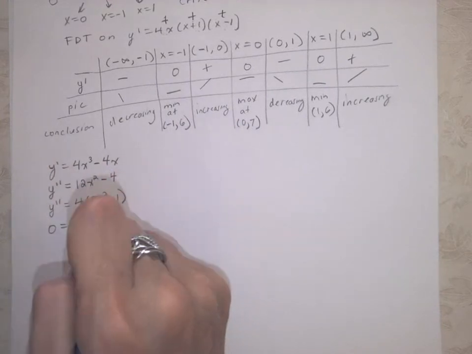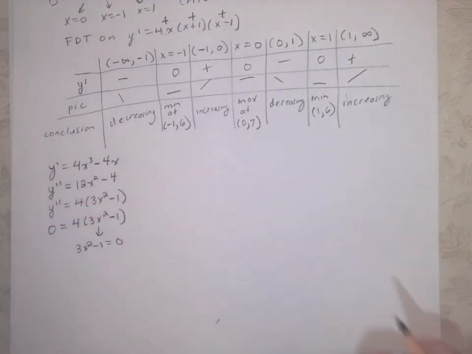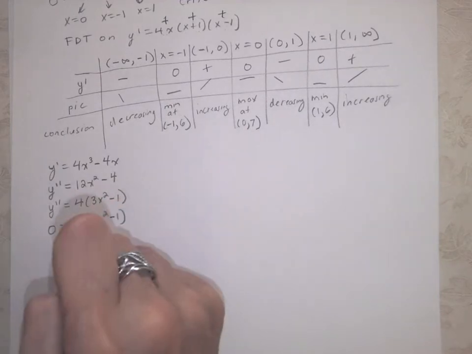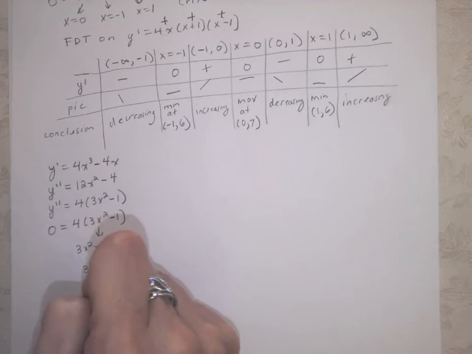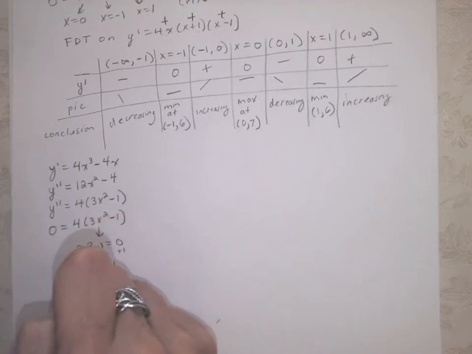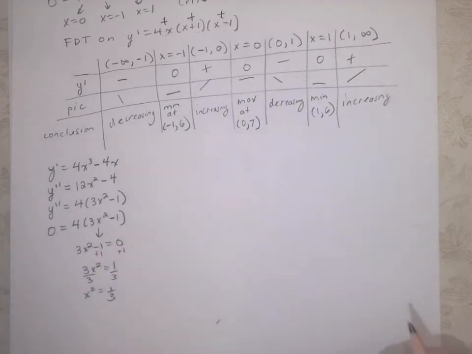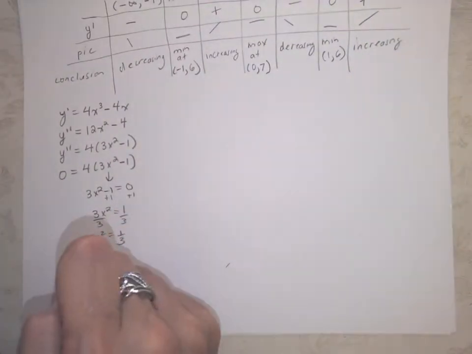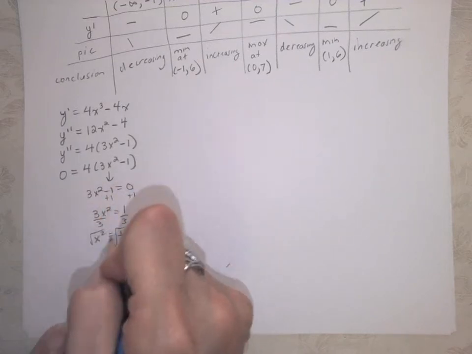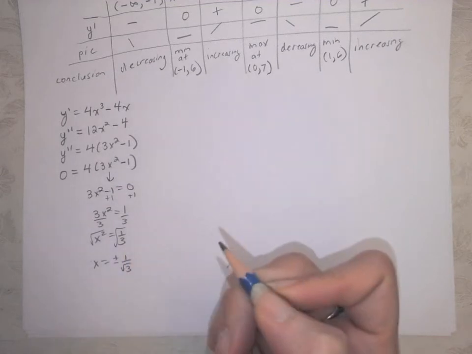So for this to be 0, 3x squared minus 1 would have to be 0, which means 3x squared would have to be 1. x squared would be 1/3. If we square root both sides, x is positive or negative 1 over root 3.